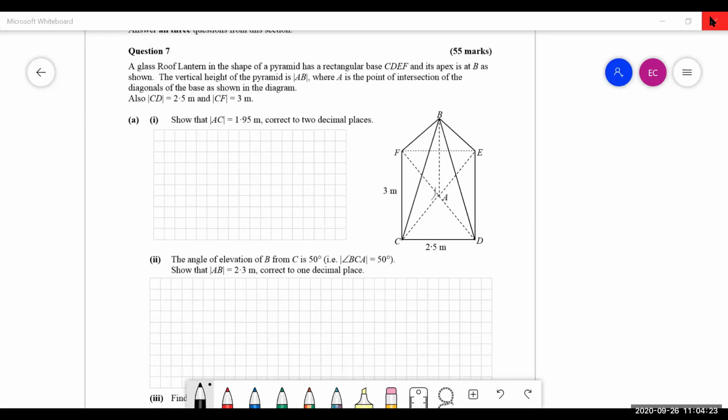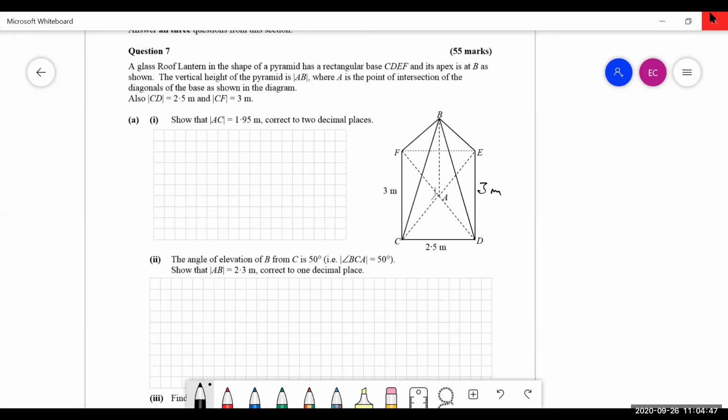So we're looking for AC, but if we were to start writing in a bit more information here, we know that DE is 3 meters.